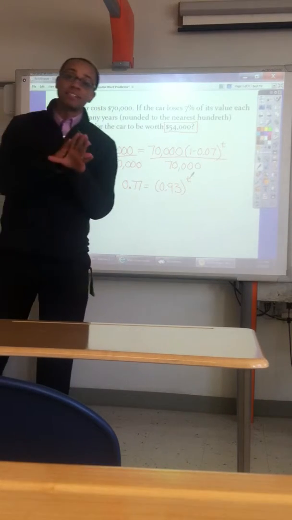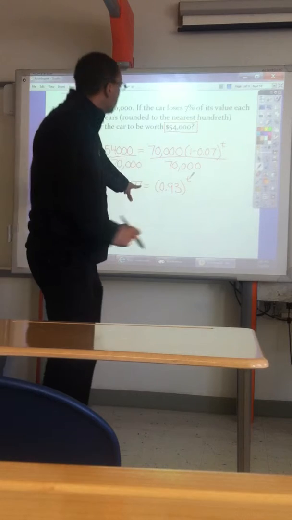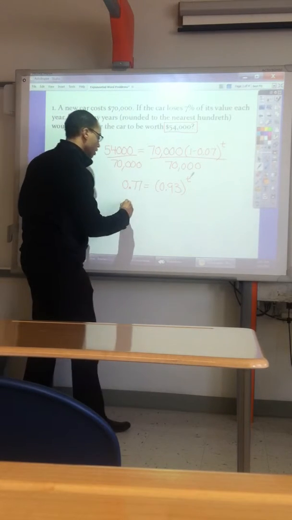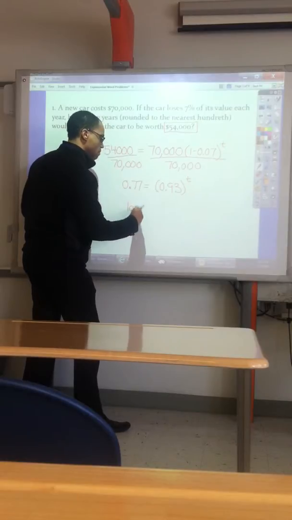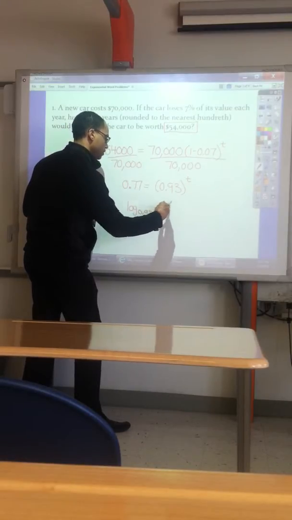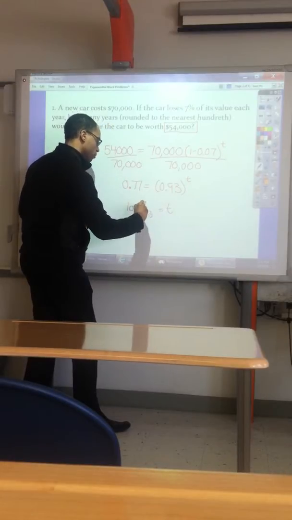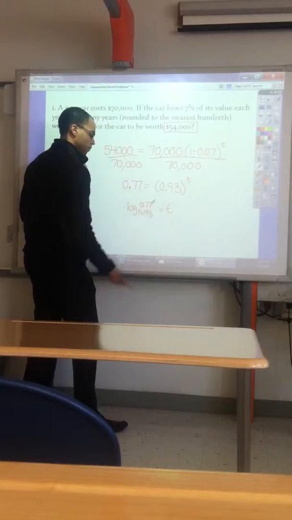Now, as I told you in class and in your earlier lessons, now that we have it in this format, we can use the logarithm to solve. So we're going to do logarithm base 0.93 of 0.77 equals t. Okay?